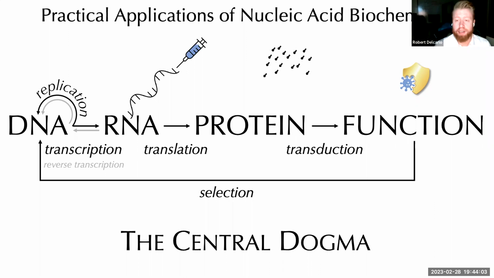Otherwise, if it degrades, then you're just pumping someone's muscle full of a bunch of nucleotides without a certain sequence. They're not going to do anything, okay? So nucleic acid biochemistry still has some way to go to figure out how to make mRNA vaccines stable at room temperature, and that would improve the accessibility of these molecules to be useful and more equitably distributed throughout the globe to places that don't have the same infrastructure as the United States.